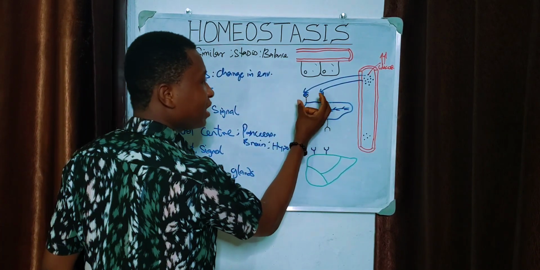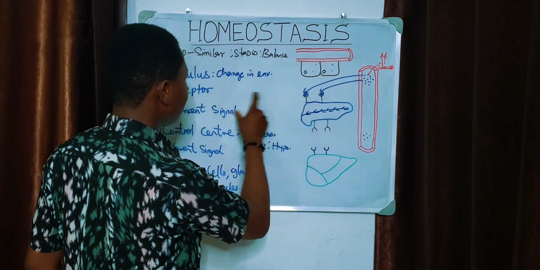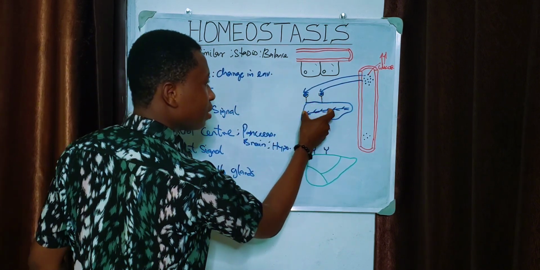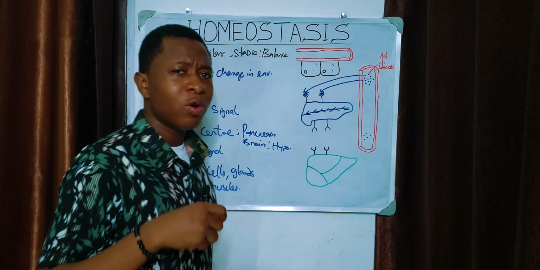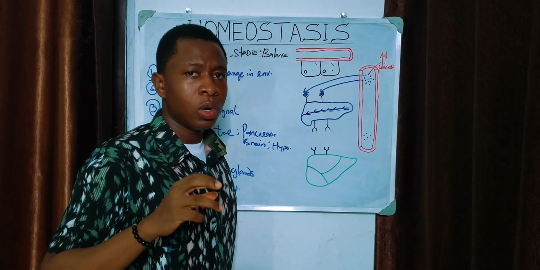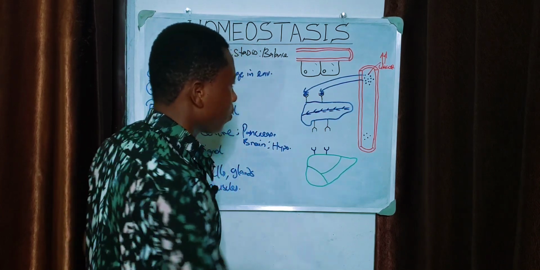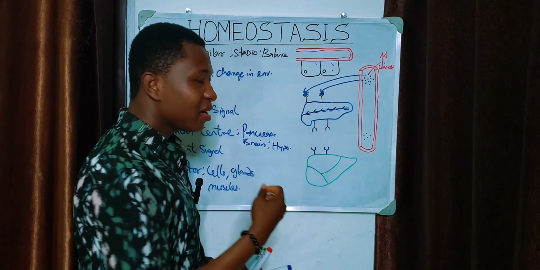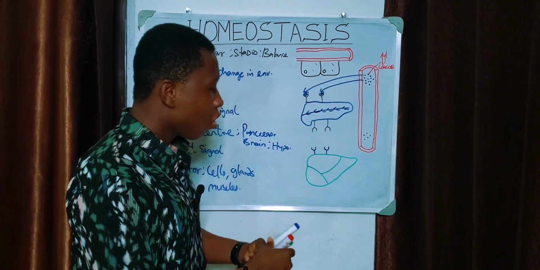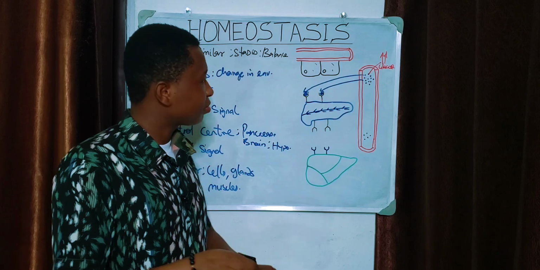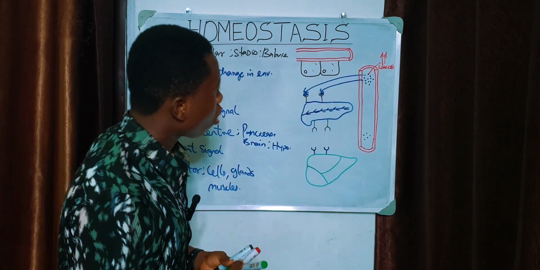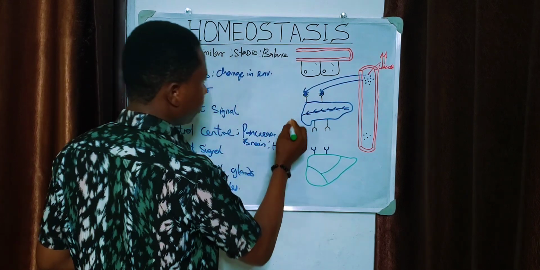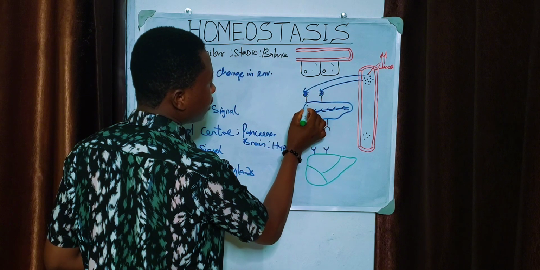So the pancreas receives this signal, and the pancreas will always look for a way to balance things up. Now, what will happen here? When it receives this signal, the pancreas will release a hormone called insulin.